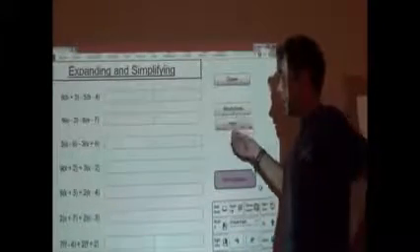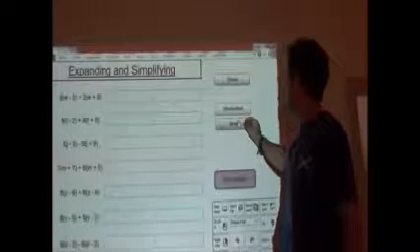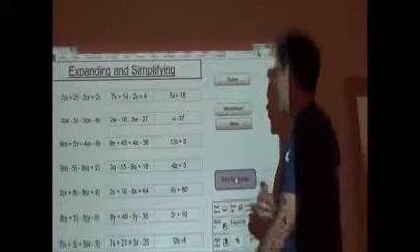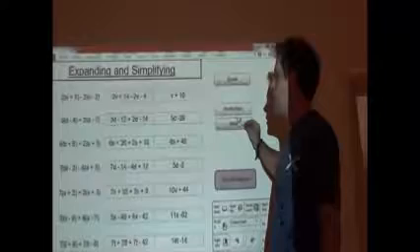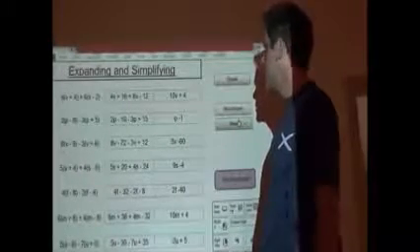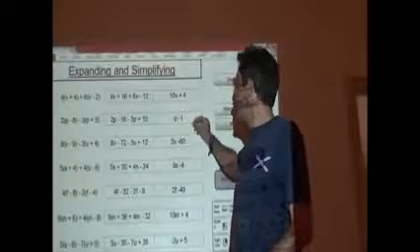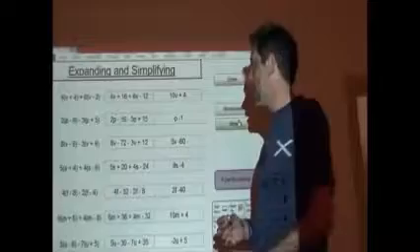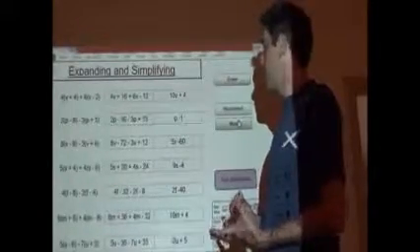You can have as many of these as you want, and print answers. Make sure you print the answers out first, and all the answers are there. All expanded, all simplified, and when you come to mark them, you just check the simplified one. If that's wrong, then check the expansion and see where the mistakes come.